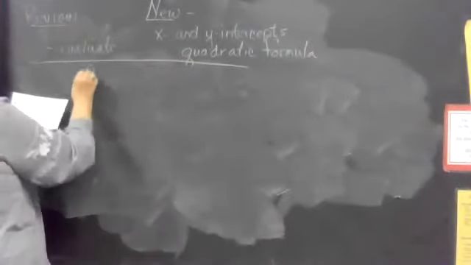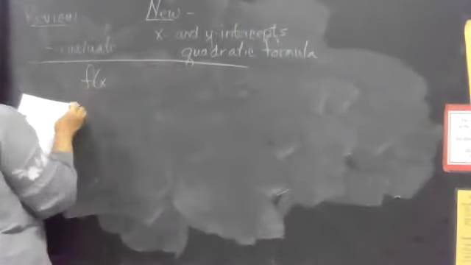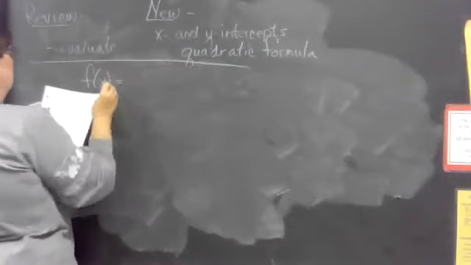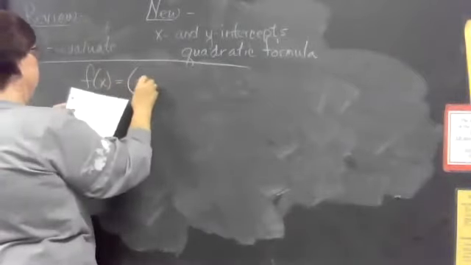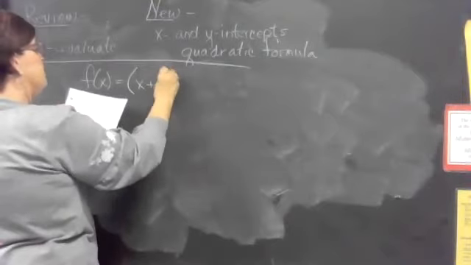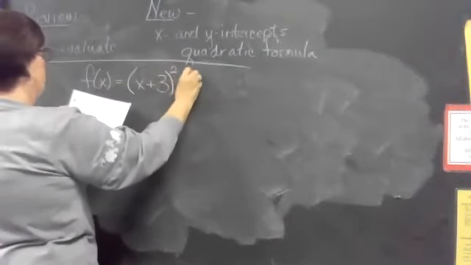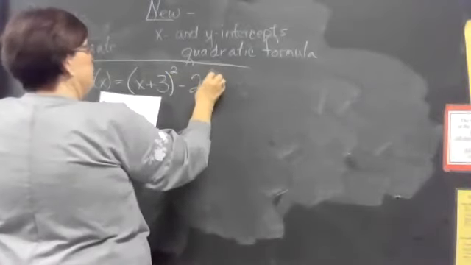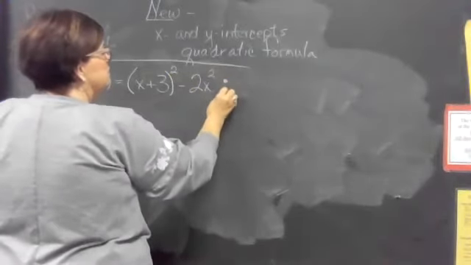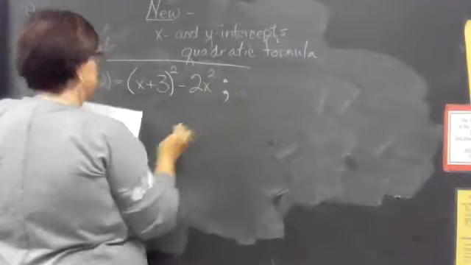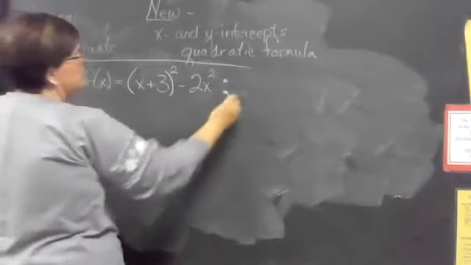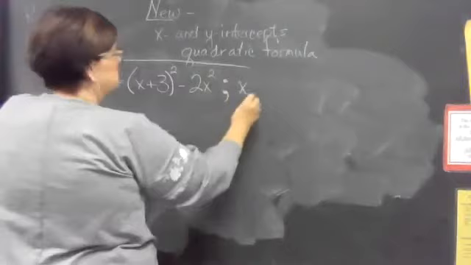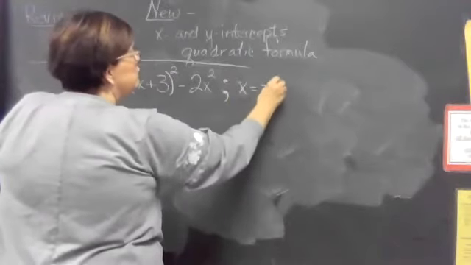And what this problem looks like, number 1 says f of x equals (x plus 3) squared minus 2x squared. And then it has a semicolon. The semicolon is not mathematical. x equals -12.